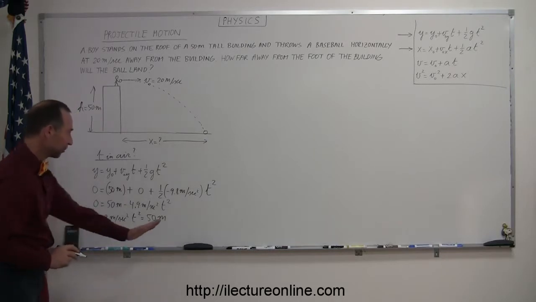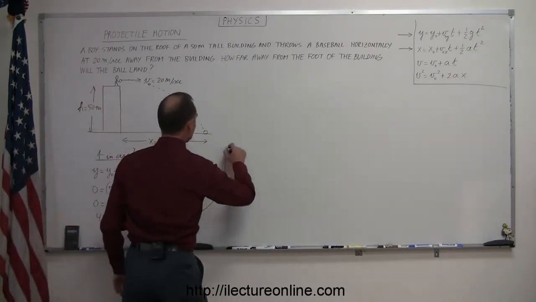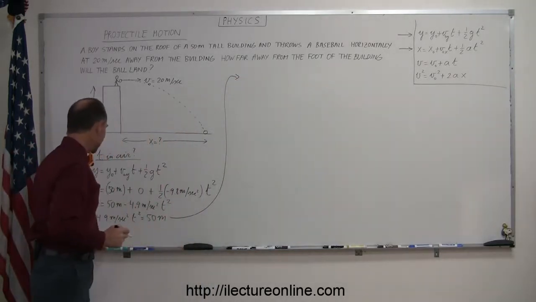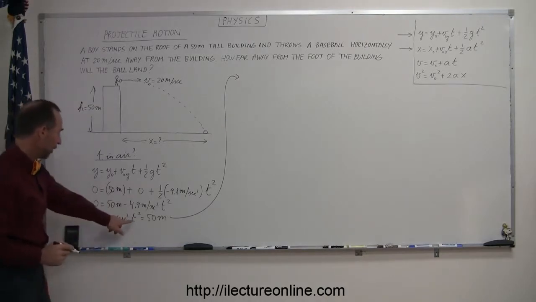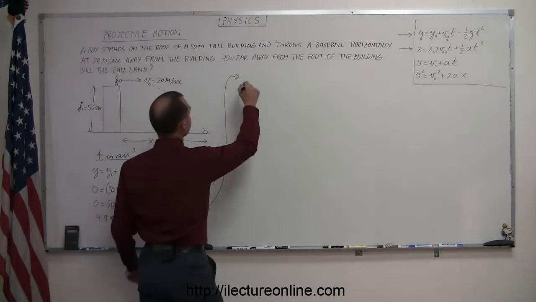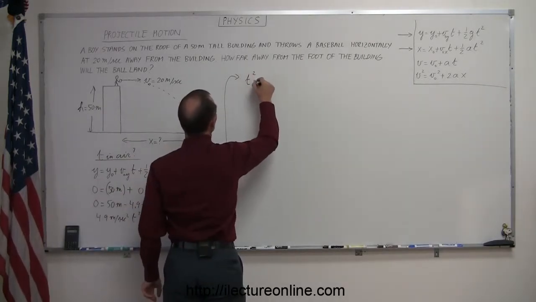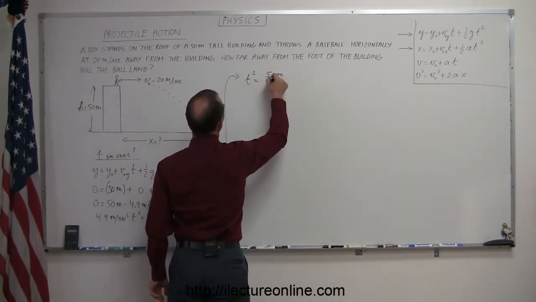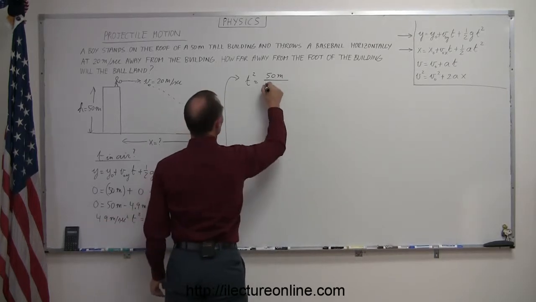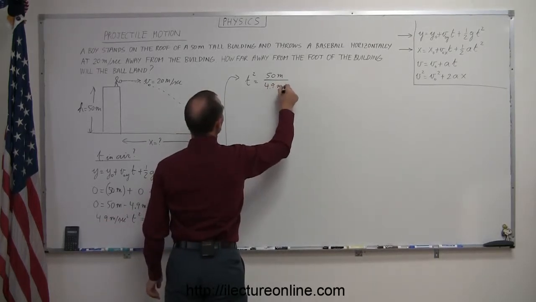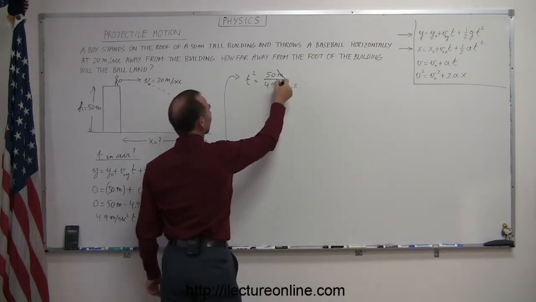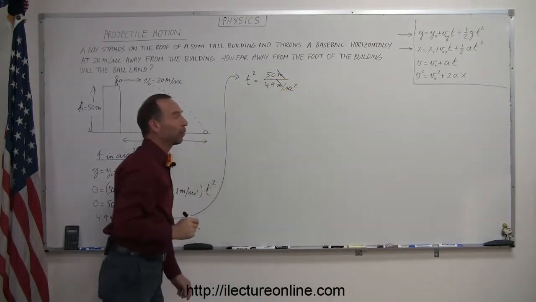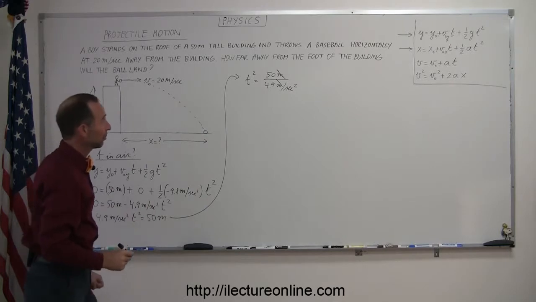I need a little bit more room, so I'll move over here. Okay, next we're going to divide both sides by the 4.9 meters per second squared to isolate the t squared. So we now have t squared is equal to 50 meters divided by 4.9 meters per second squared. Notice that the meters will cancel out and the 1 over second squared in the denominator turns into second squared.